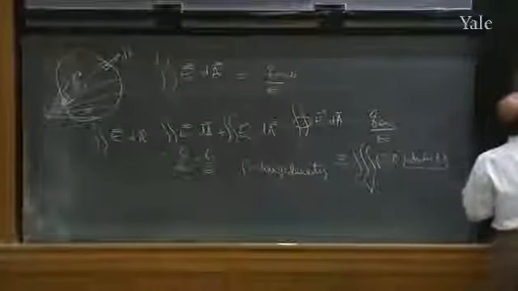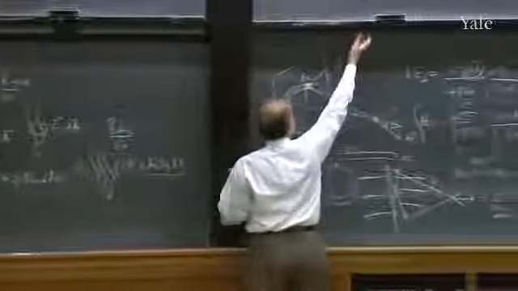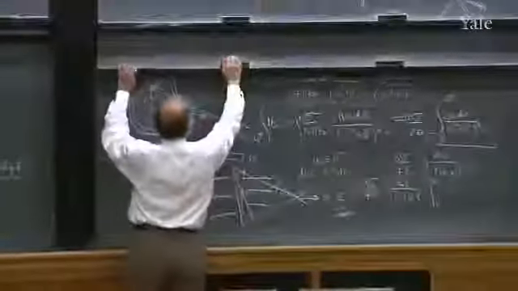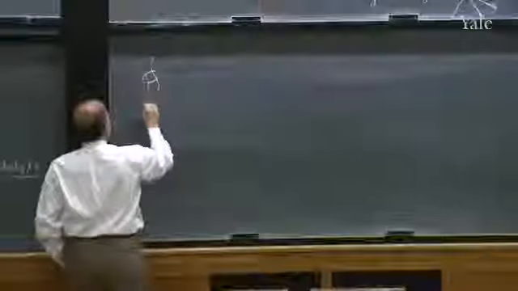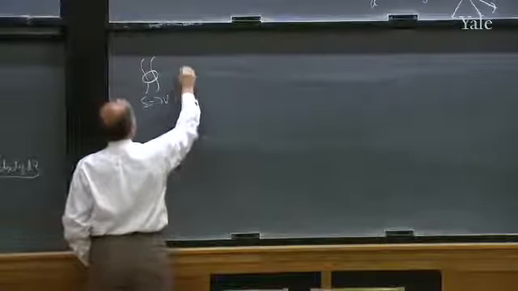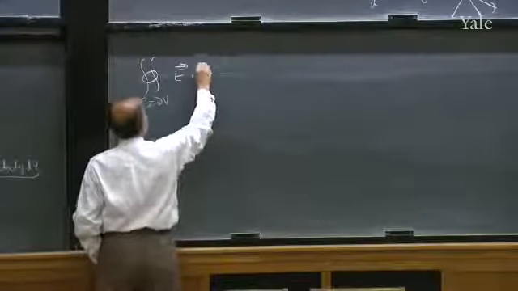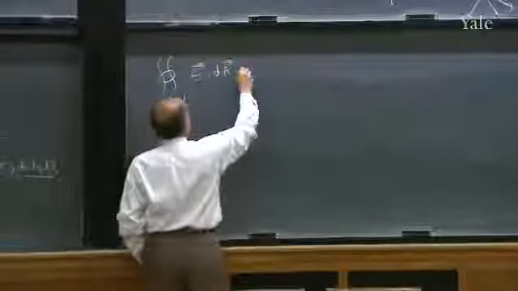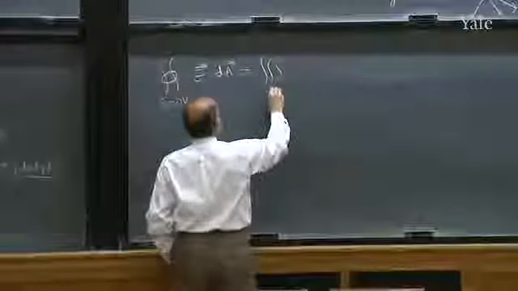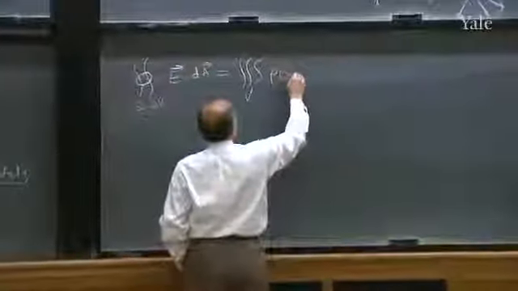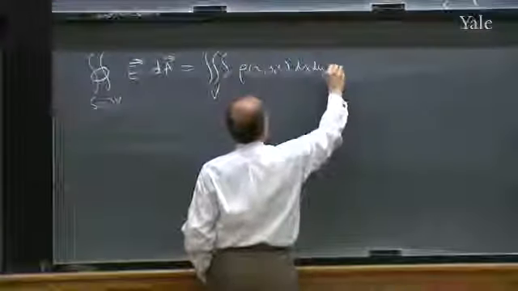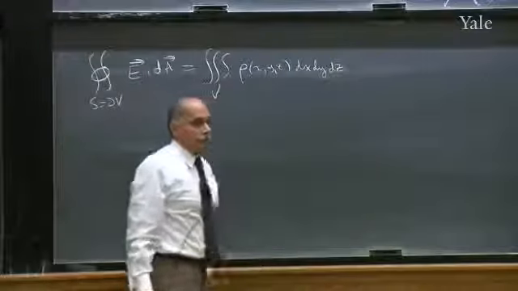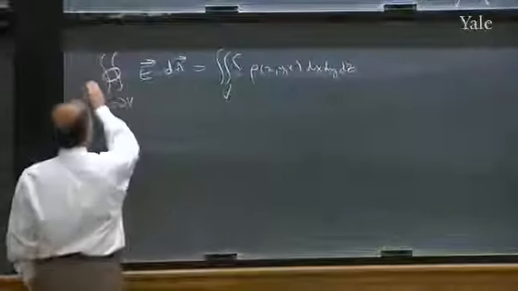So this is the final form of Gauss's law that we're going to use. I'm going to use the symbol, which is very useful. This is the theorem of Gauss.